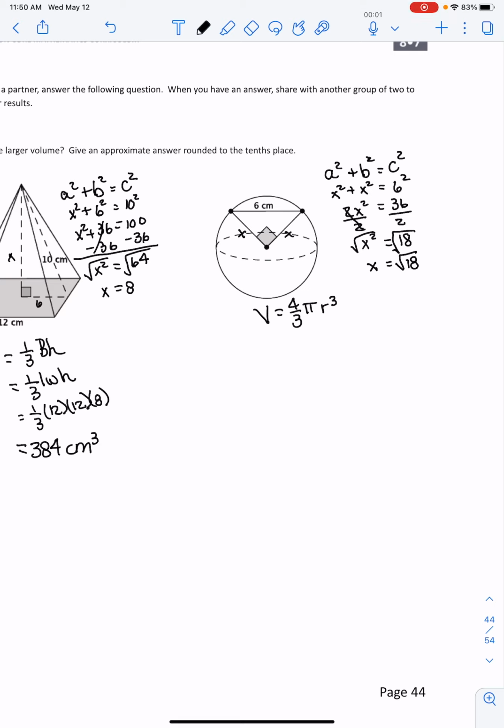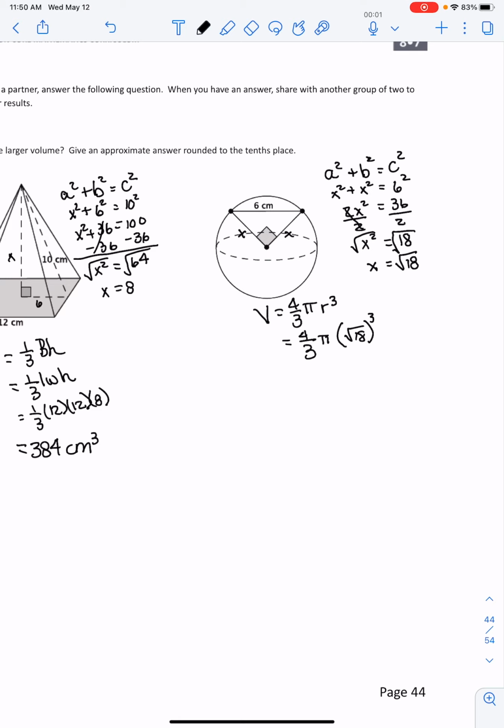Now remember what we said, to square it would remove that square root symbol, but this isn't, okay? So you do have to be careful here. So now what I'm going to do is I'm going to replace, so 4/3 pi square root of 18 to the 3rd power.